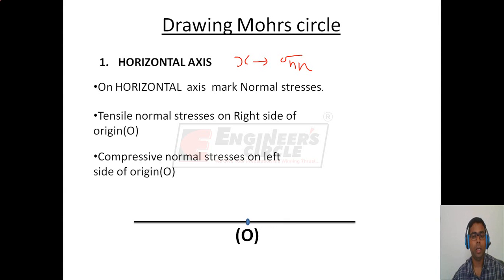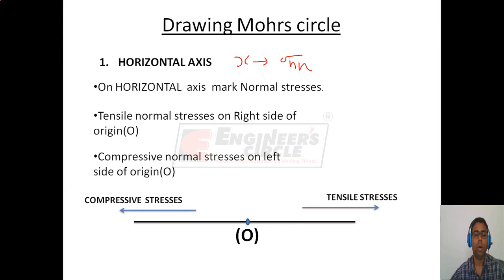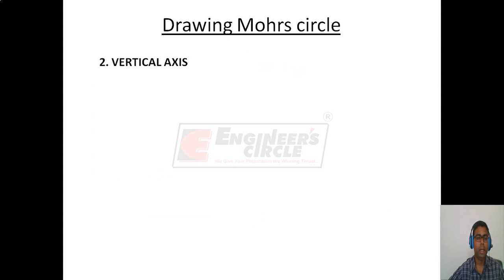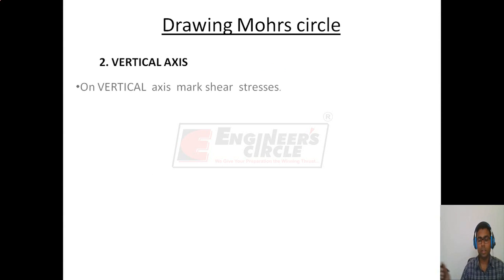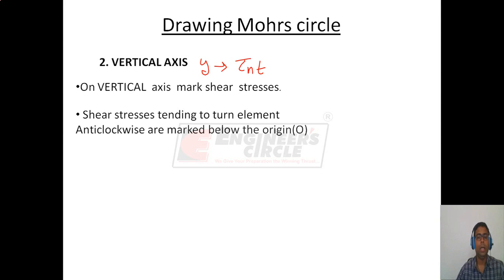This is the horizontal axis on which the tensile stresses are marked on the right and the compressive normal stresses on the left. On the vertical axis, mark shear stresses, because in place of y we have tau nt, that is shear stresses. Shear stresses tending to turn the element anti-clockwise are marked below the origin.